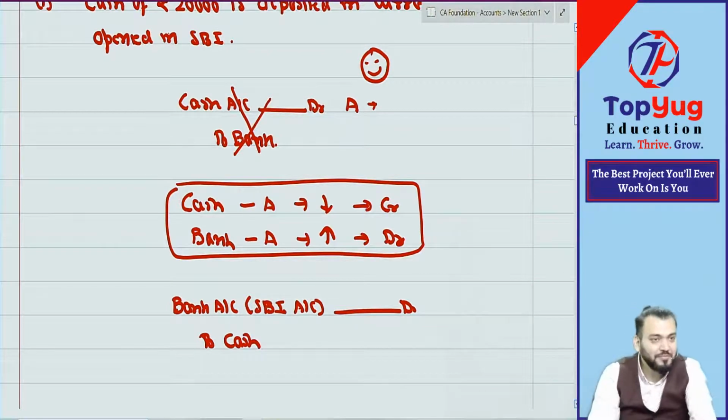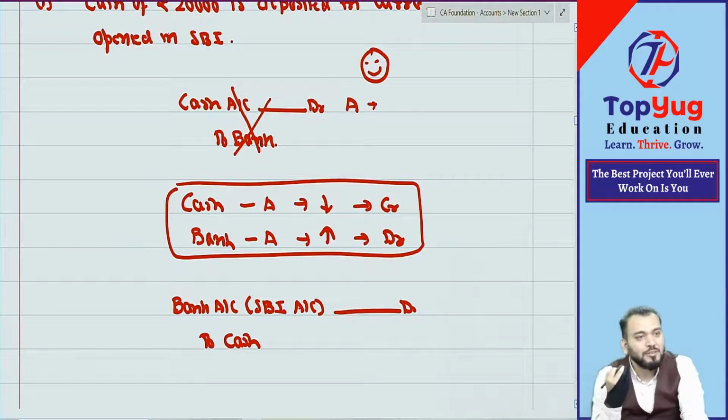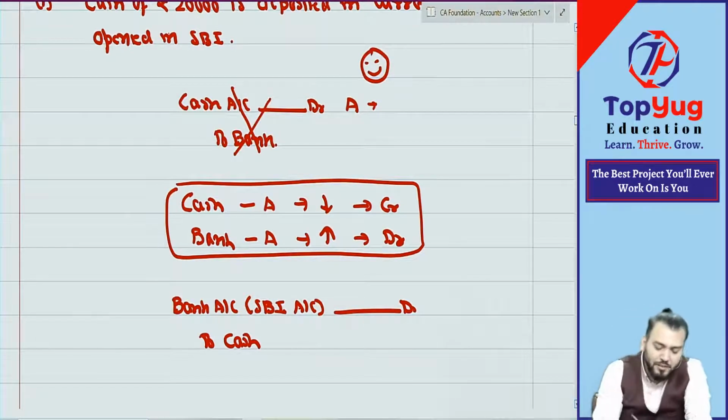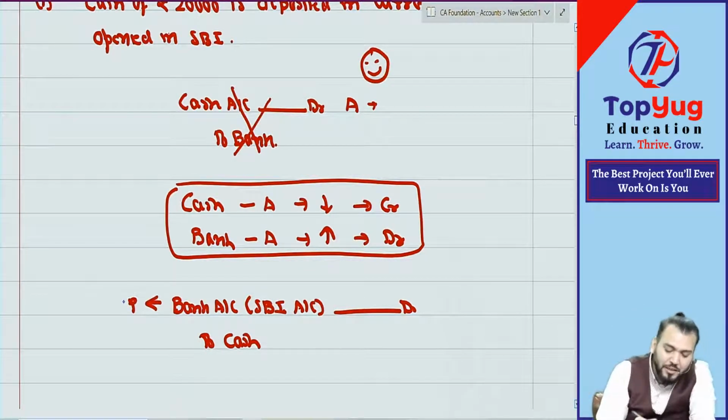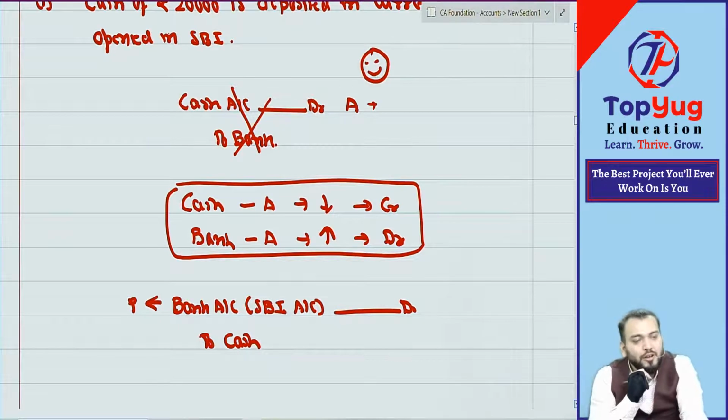Tell me. Try. You need to apply which rules? Golden rules. It can be either real, nominal, personal. So what do you think? Bank is what? Personal. Correct. Why are you thinking about it? What is the rule of personal account?